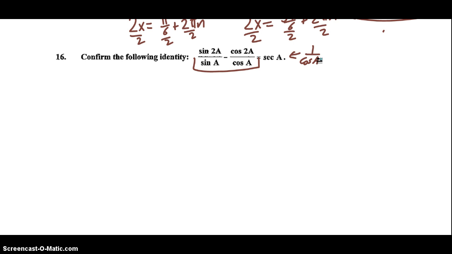So somehow I probably need to get to 1 over cosine A by the end of the day in order for us to win. So sine of 2A, we have an A, we have a 2A, so I probably need to get all of this in terms of A's.